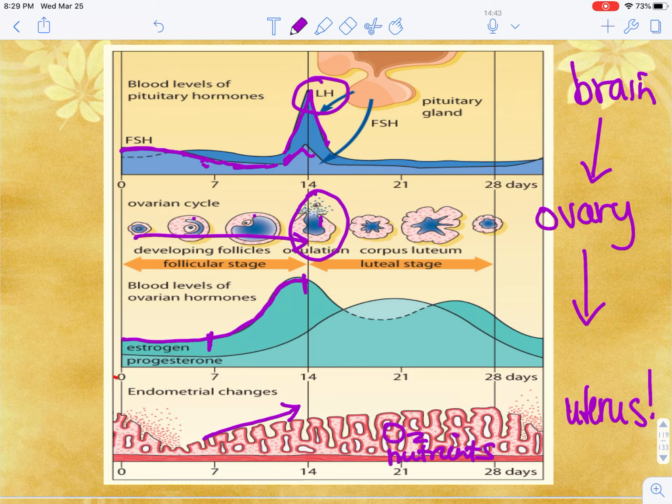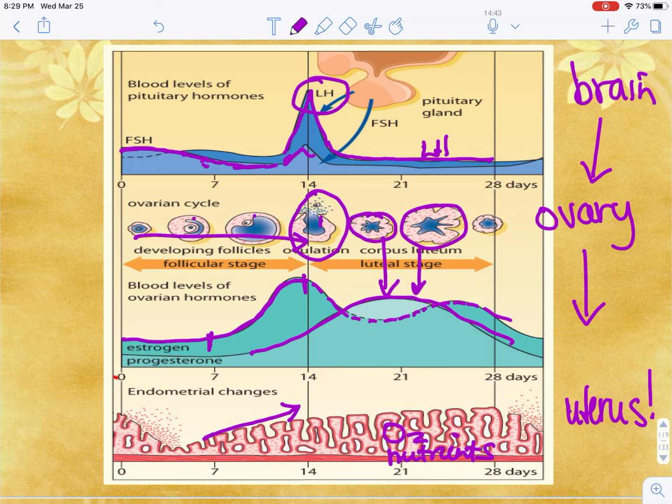After the egg is ovulated, LH remains the higher hormone from the anterior pituitary, and now LH is the one that will keep the corpus luteal cells around in order for them to make this high amount of now progesterone. Now estrogen is still there.